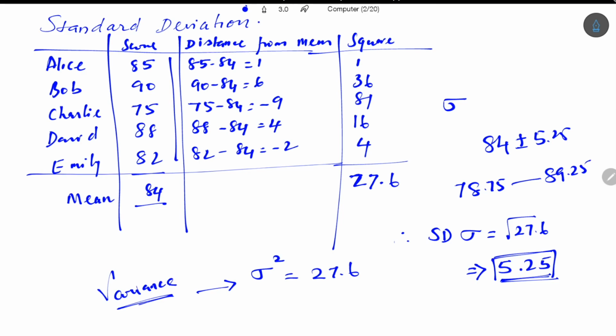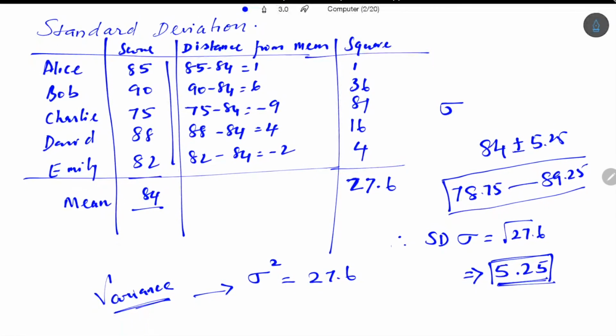So this standard deviation serves an important role in analyzing the data in future. So this is my distribution. Next semester also my students' performance will lie between 78 marks to 89 marks.